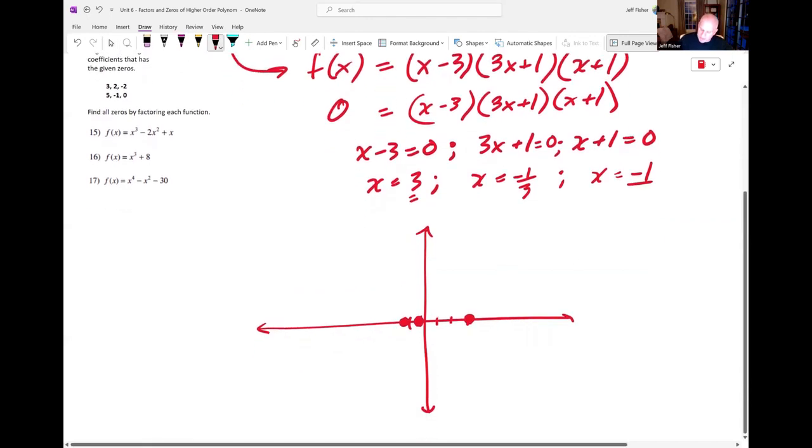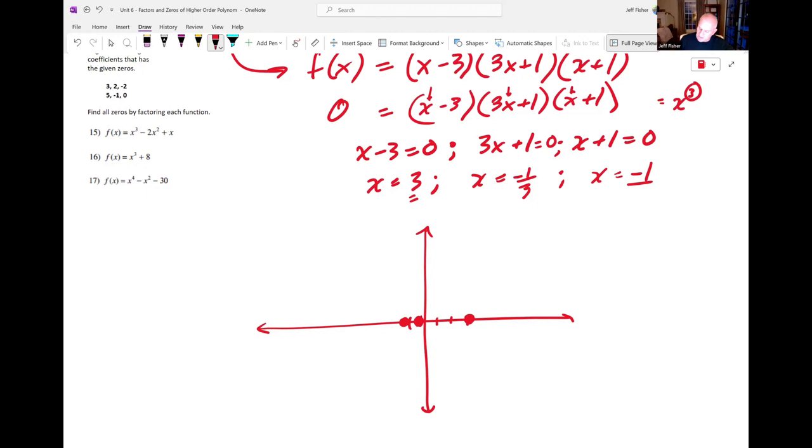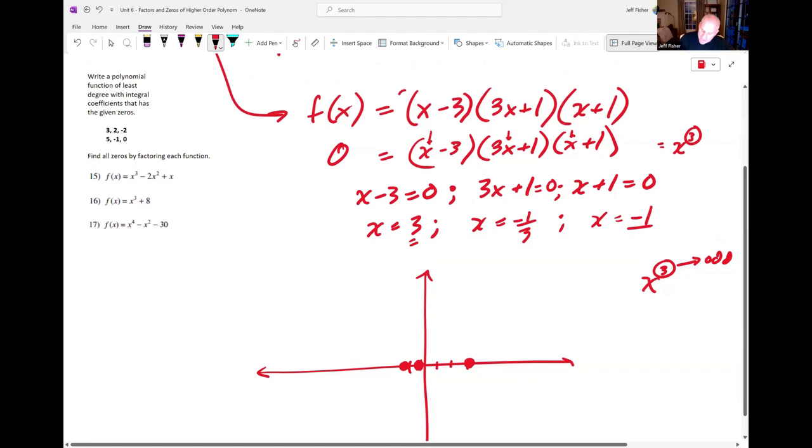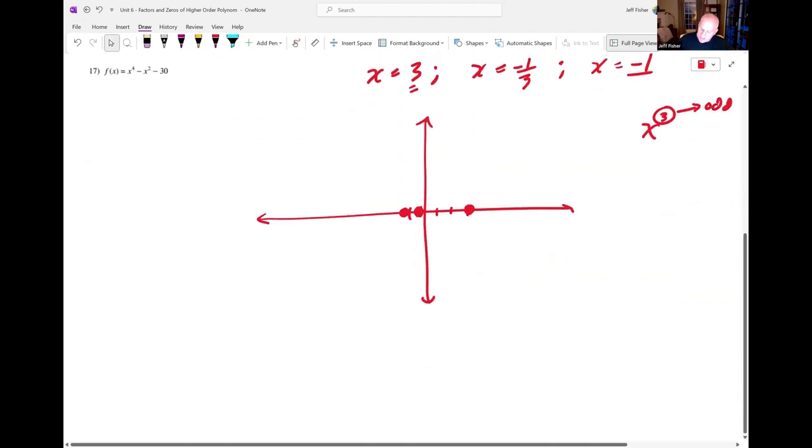It's going to be to the 3rd power. X times x times x is x to the 3rd. So our highest order power is x to the 3rd, which is odd. So we know our end behavior is going to be opposite, right? Either down and up or up and down. But we have a positive coefficient out here. This is like saying this whole thing is multiplied by 1. And since 1 is positive, we know that it's going to be down on the left and up on the right.